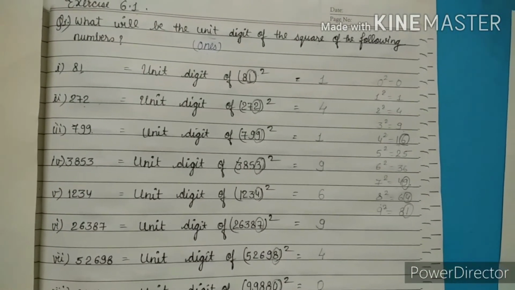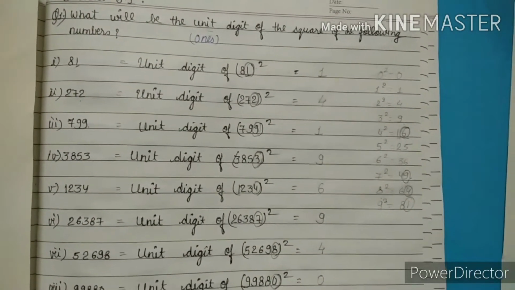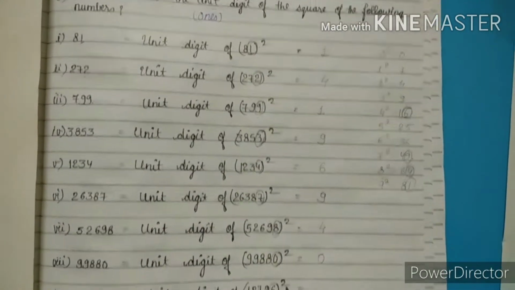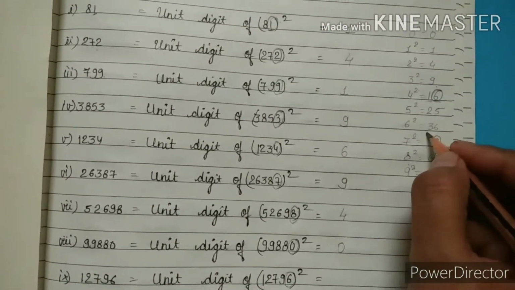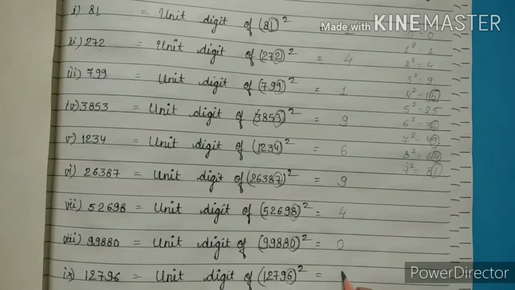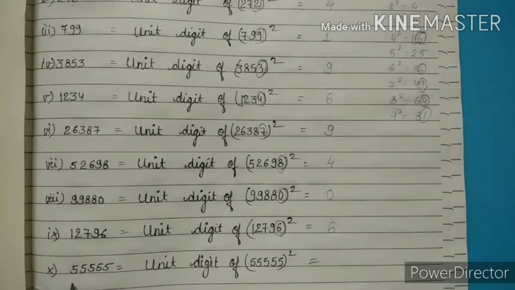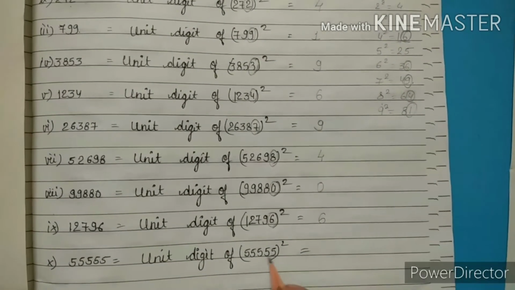Now the unit digit of 12796 square. Here the unit digit is 6. 6 square is 36, and 36 has the unit digit 6. So 6 will come here. The last question: unit digit of 55555.